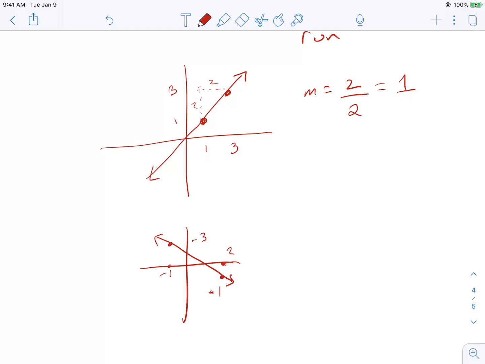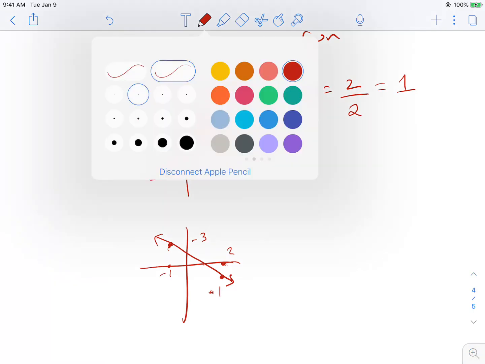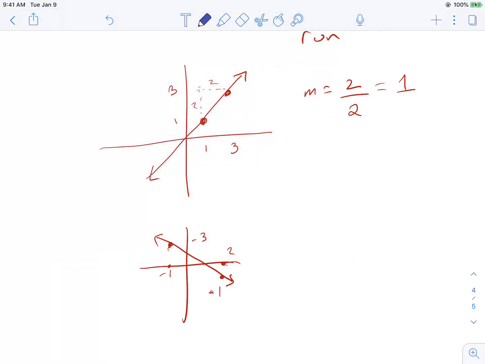If this is one point and this is another point, I can still look at my rise over run. To show you, if I start here, my rise is now no longer rising, it's actually falling. So how far did I step down? Well, I went from 3 up top all the way down to -1. So 3 down to -1 means I moved down 4. So I went -4.